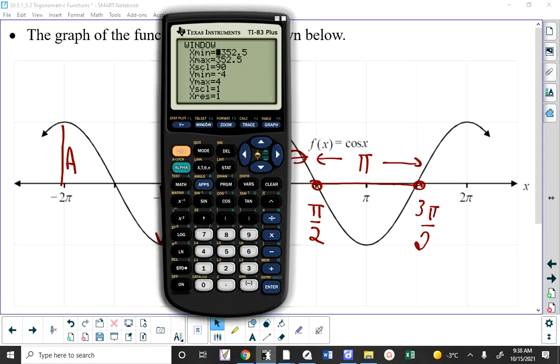Watch what happens now if I change this mode to radians and I go graph. The reason is I went zoom trig when the calculator was in degrees, so it adjusted the window settings to see things in degrees. If I want to see the graph even though I'm in radians, I have to go zoom trig. And it's going to give me the same picture.